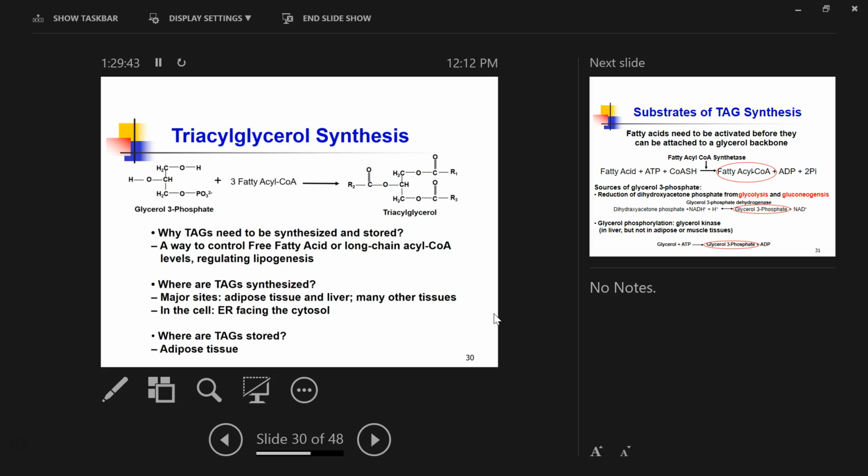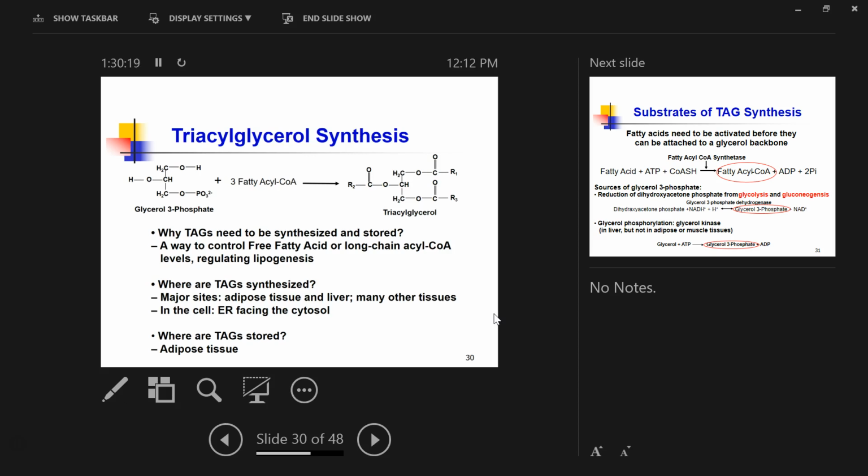But of course, the liver can also synthesize triglyceride, right, and muscle as well. And in the cells, which part does the triglyceride synthesis? It's also in the cytosol, but facing the ER, right? So again, the triglyceride is basically synthesized in the ER, facing the cytosol.